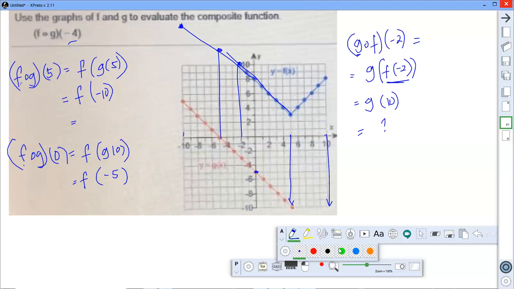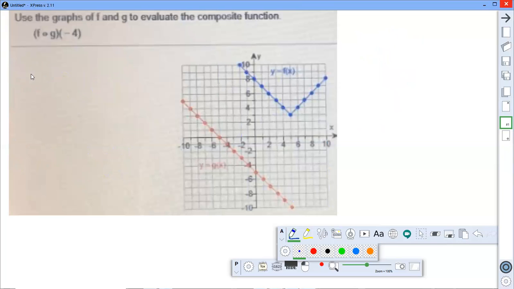Okay, last final example, but of course you can just stop watching if you already got it. Let's try f of g of, I don't know, -2. When you write that, it'll be f of g of -2.